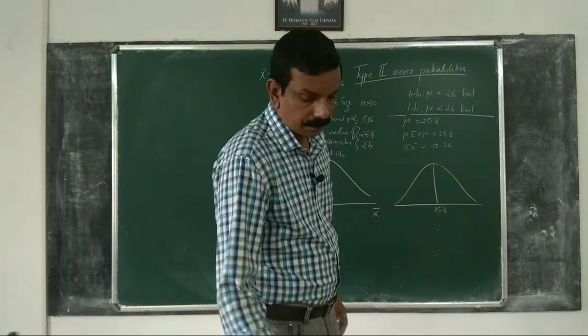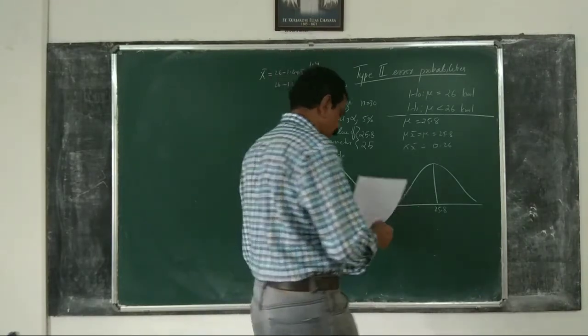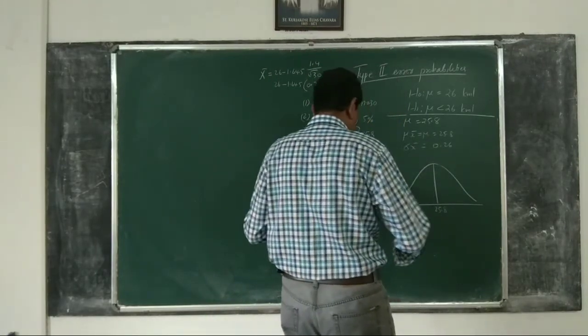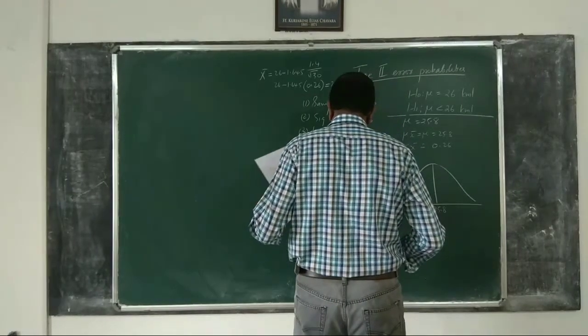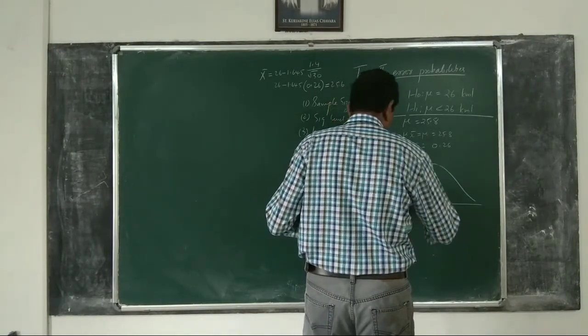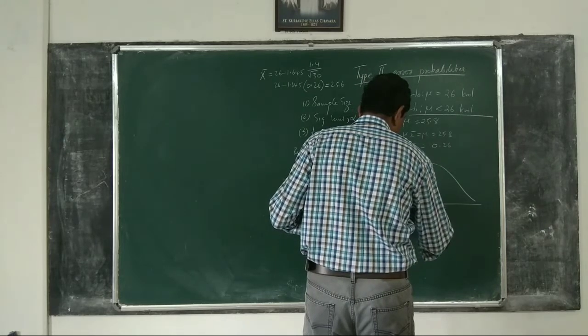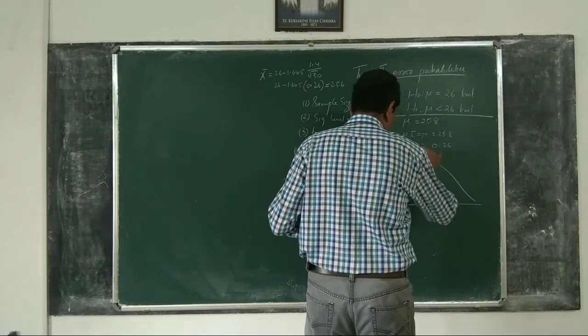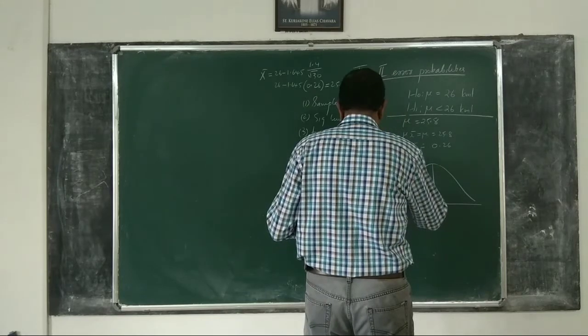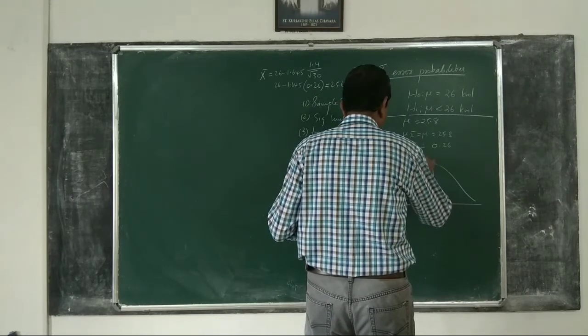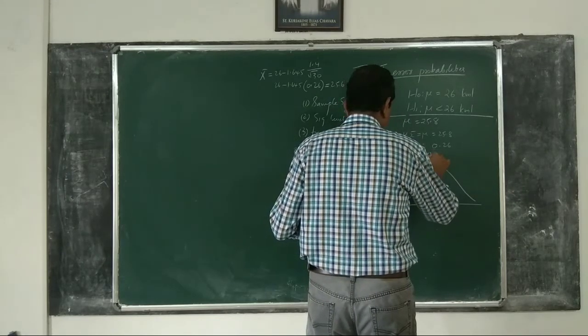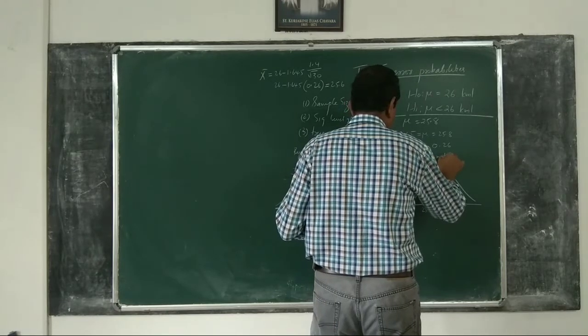Now x bar is normally distributed, and if it is 25.8, then 25.6 is the critical value. Here reject H0, accept or do not reject H0.